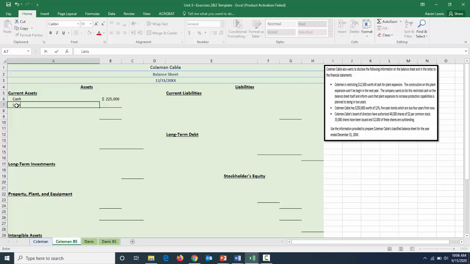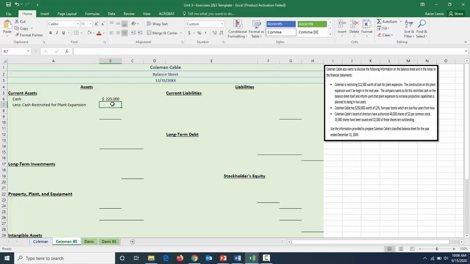So what we're going to do is inform them that we have cash restricted for plant expansion. And that amount is going to be $10,000. And let's put it right underneath. So now, sorry, that amount's going to be $12,500.